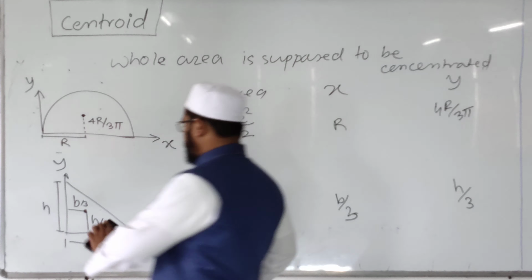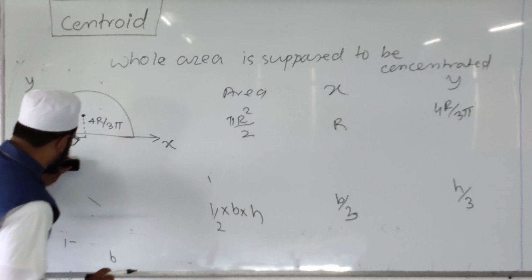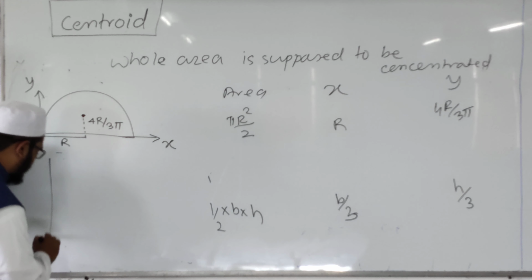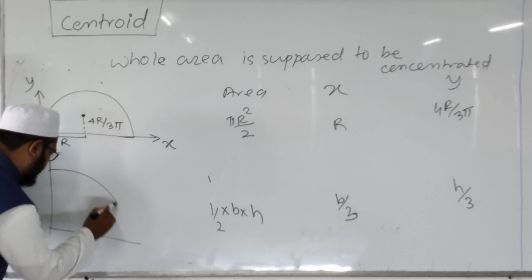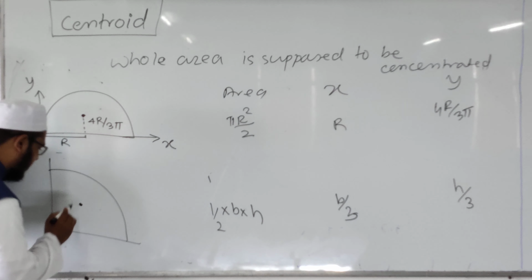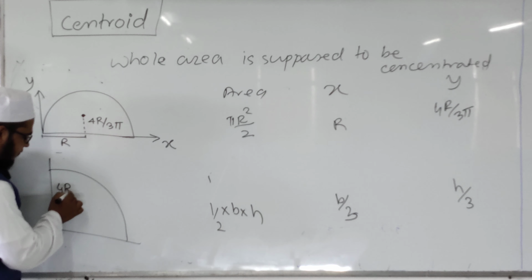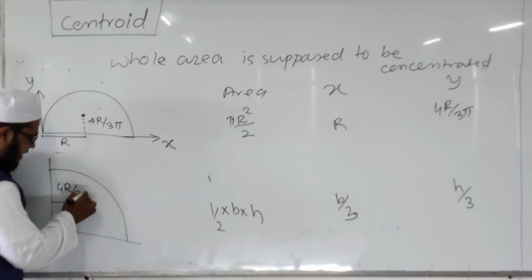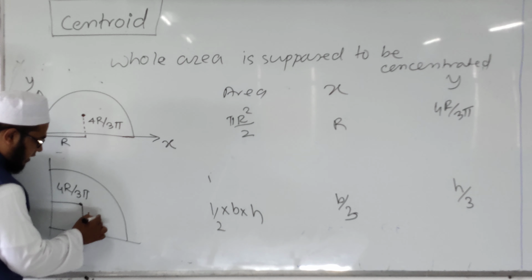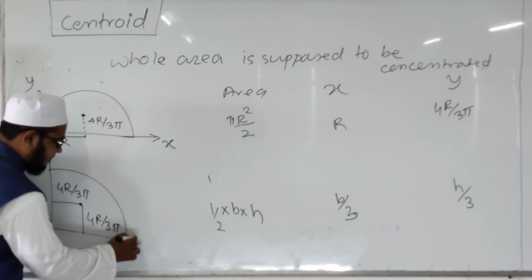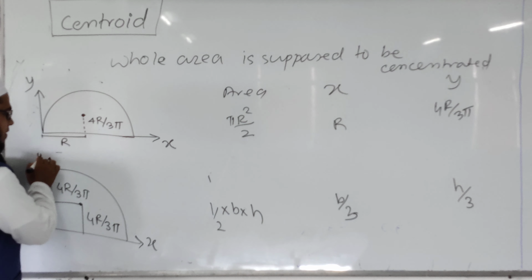Then there is another figure, that is the quarter circle. In a quarter circle, the geometric center lies here. The distance of this from the axis is 4r by 3 pi, and here also it is 4r by 3 pi. It is x, it is y.